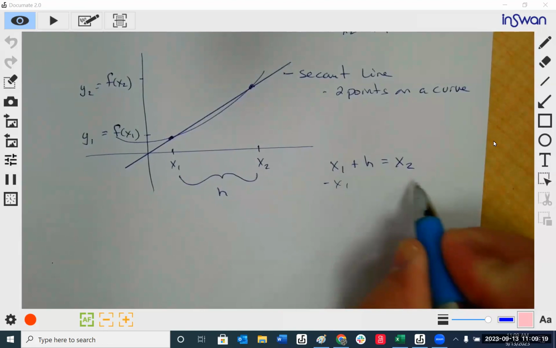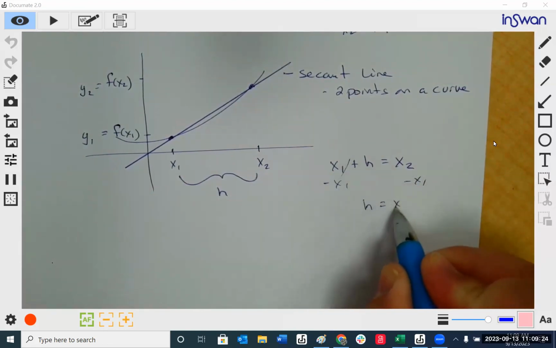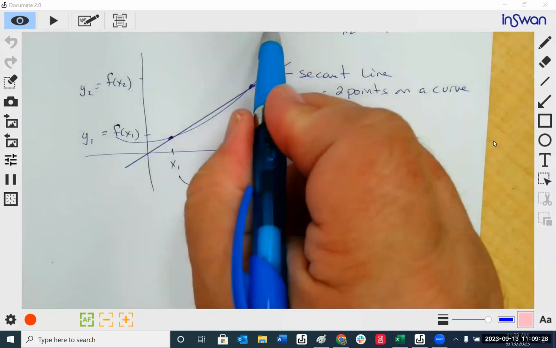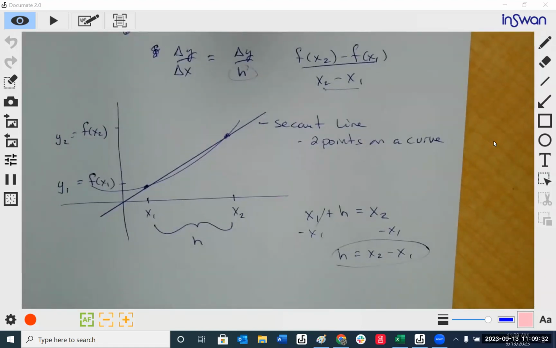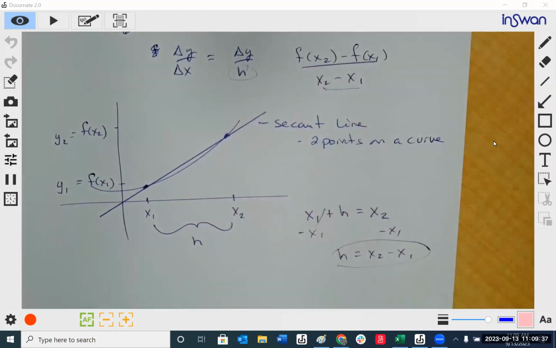Now, if we subtract x1 from both sides, then h is equal to x2 minus x1, which is what we have here. And the change of y is f of x2 minus f of x1.